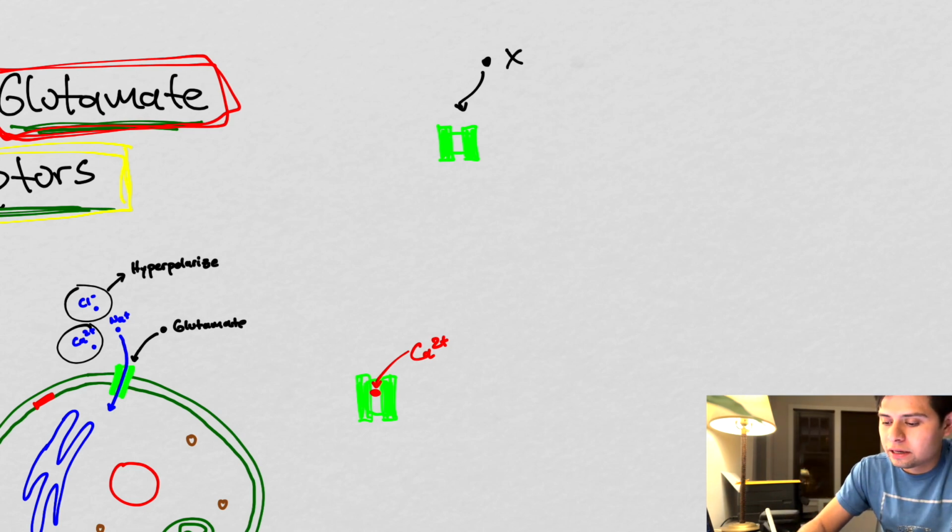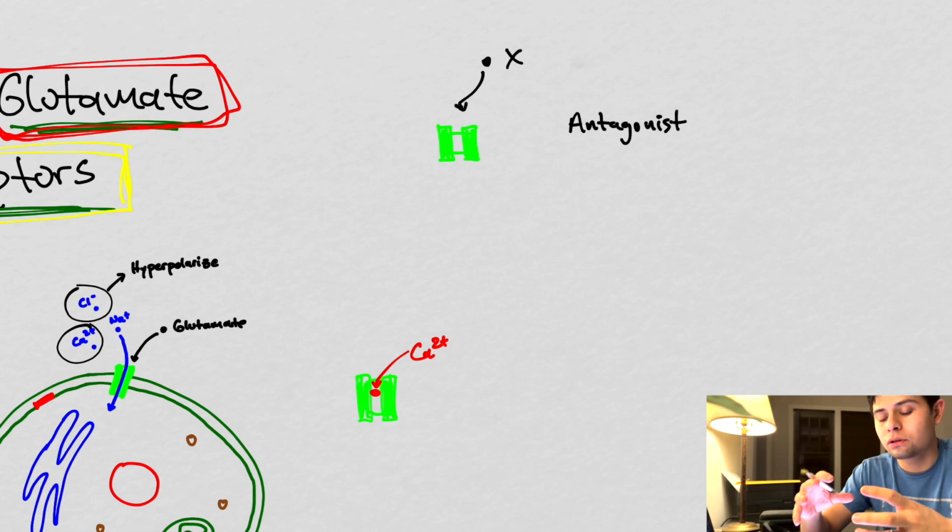So the ligands that close the channel are the ones that are typically regarded as antagonists, right? So those are the ligands that will render the channels impermeable to ions.